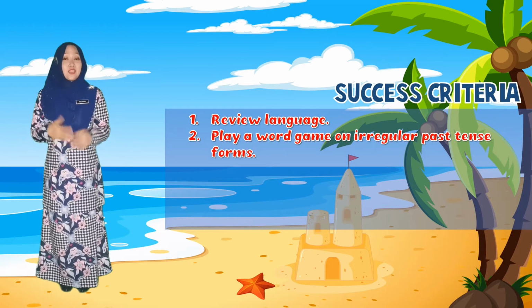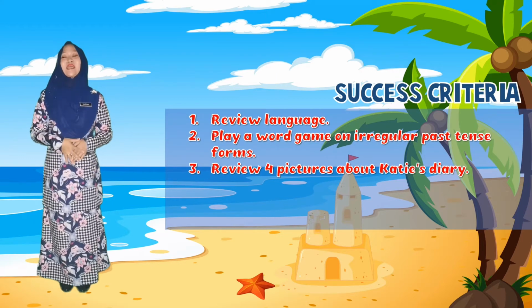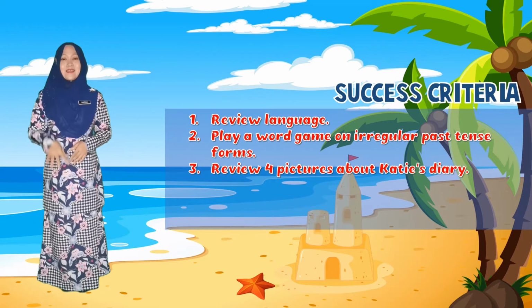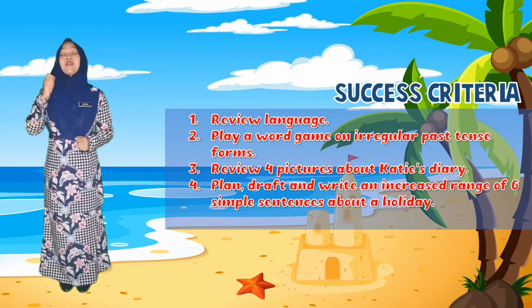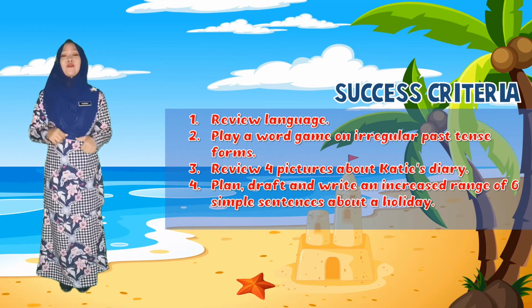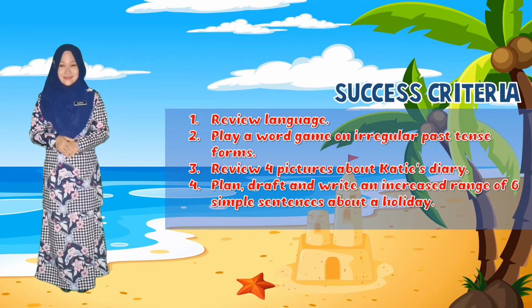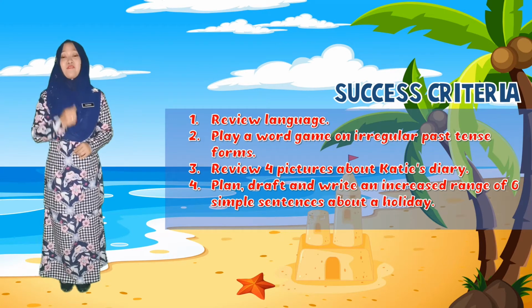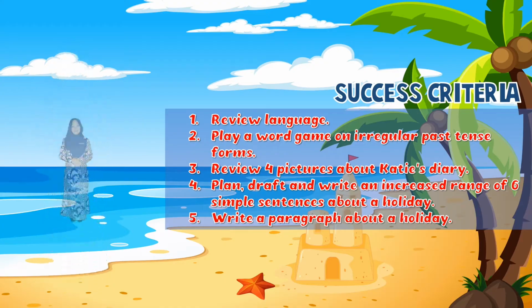Number 3, you can review 4 pictures about Katie's diary. Number 4, you can plan, draft, and write an increased range of 6 simple sentences about a holiday. And number 5, you can write a paragraph about a holiday.